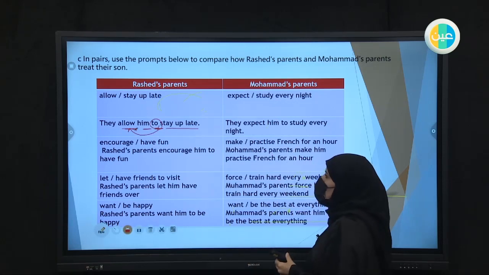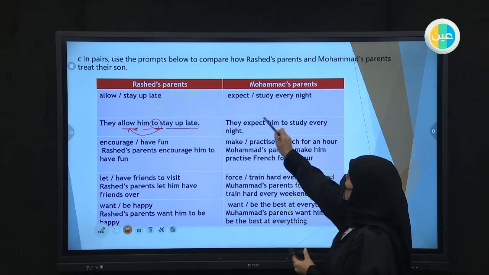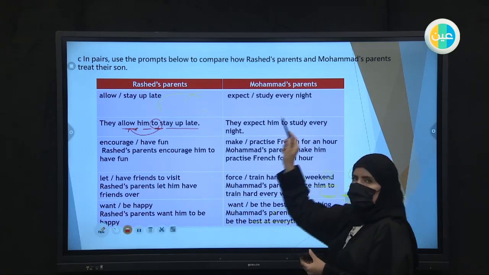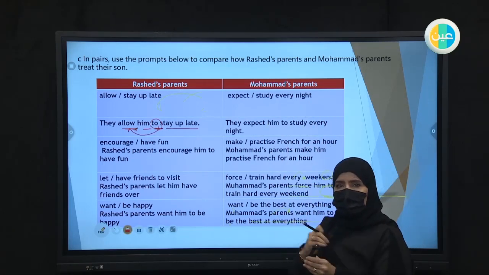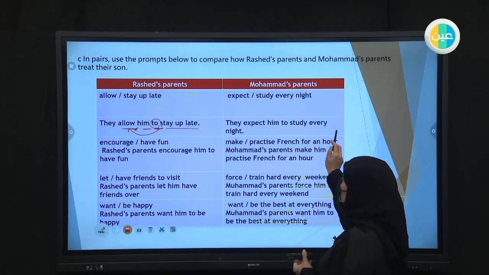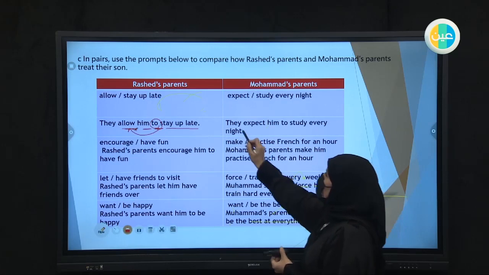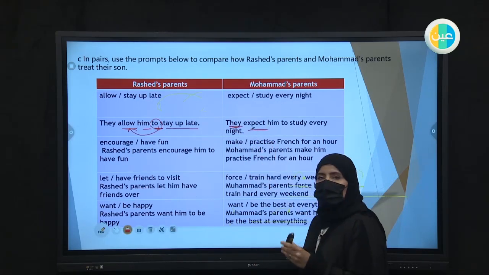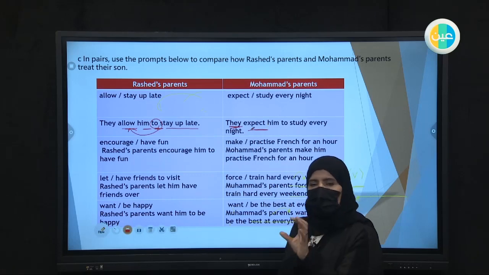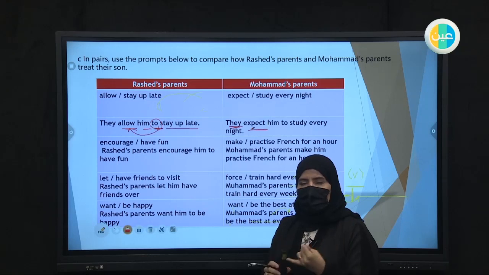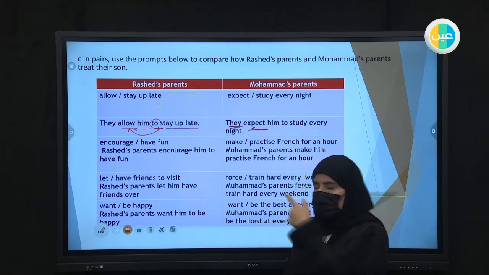Look at the next example here. Expect, study every night. Muhammad's parents. So they expect him to study every night. Muhammad's parents expect. Expect is also one of the verbs that we have to follow with to. We said allow, force, encourage and also expect.